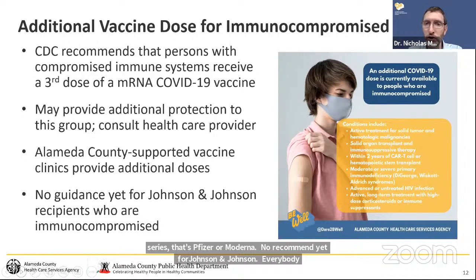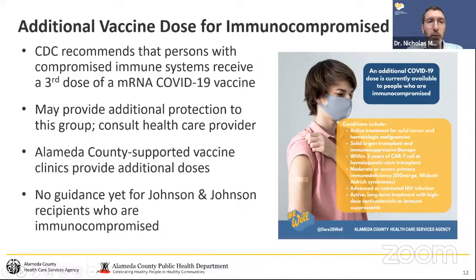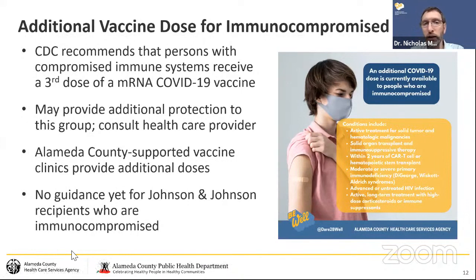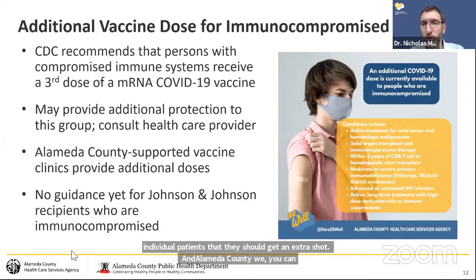But for people who received the 2-dose vaccines who have a compromised immune system, CDC provides a definition for this, although providers can also make a determination for individual patients that they should get an extra shot. And in Alameda County, if you're an immune compromised person, you can register and access vaccine through our county sponsored sites.